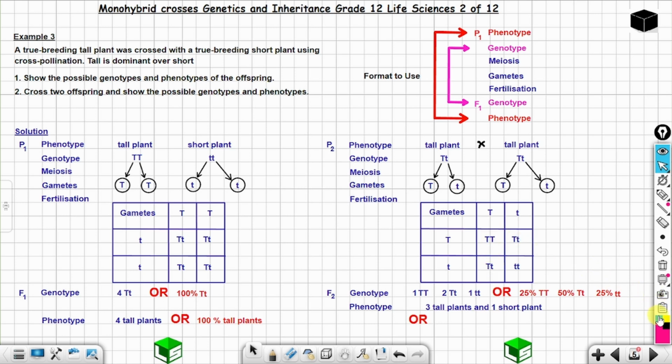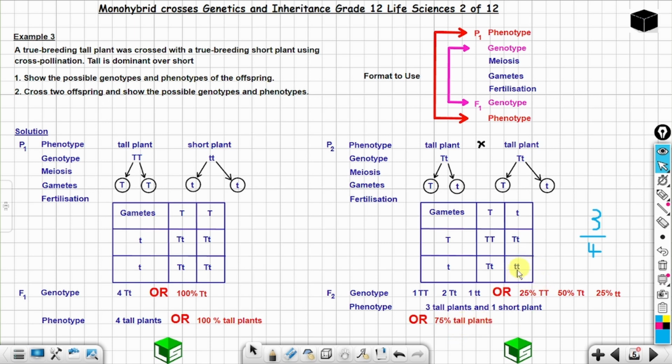You are going to have 3 over 4, the total number, times 100. You are going to have 75% tall plant. And you have 1 short plant.